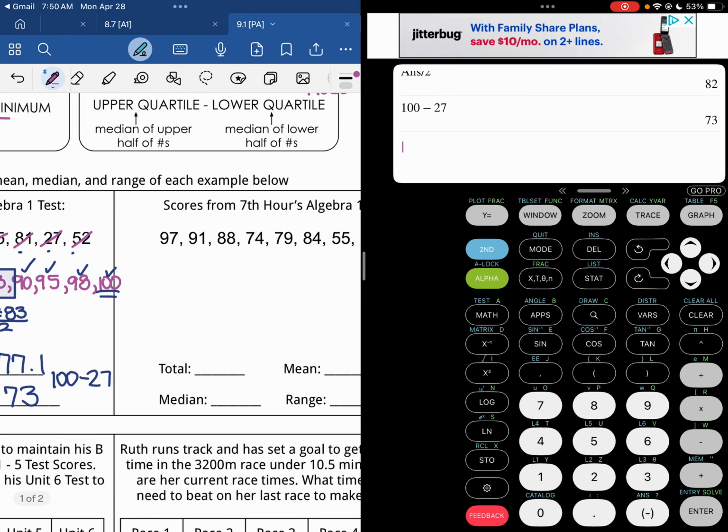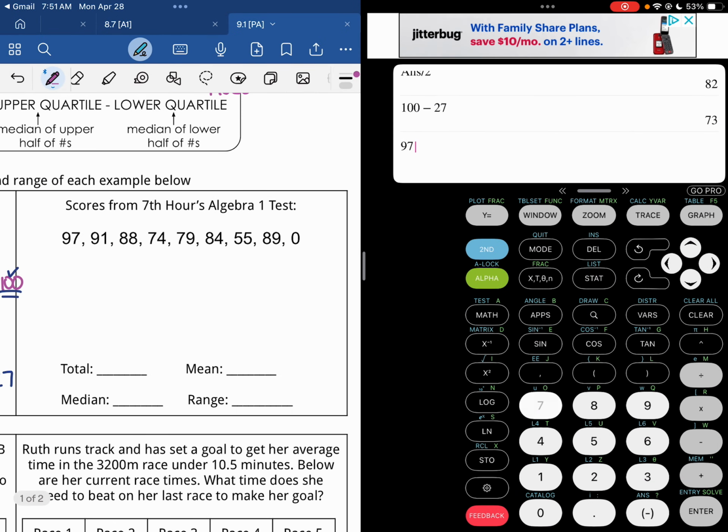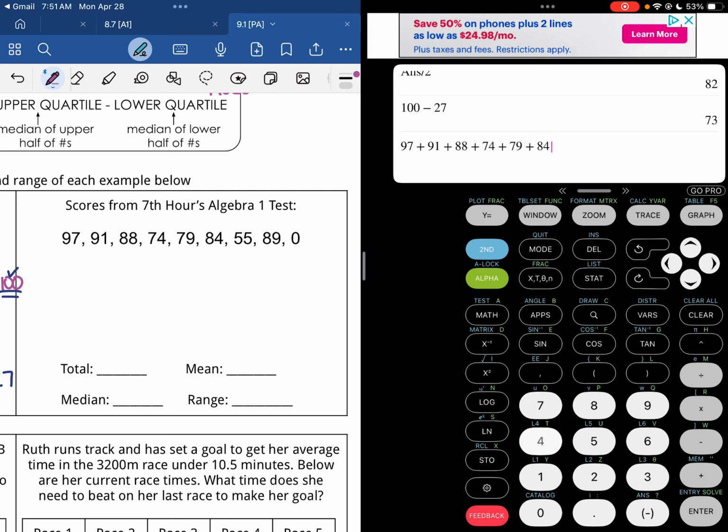So, 97 plus 91 plus 88 plus 74 plus 79 plus 84 plus 55 plus 89. And I'm not going to add the 0 because I know that adding 0 doesn't change anything.